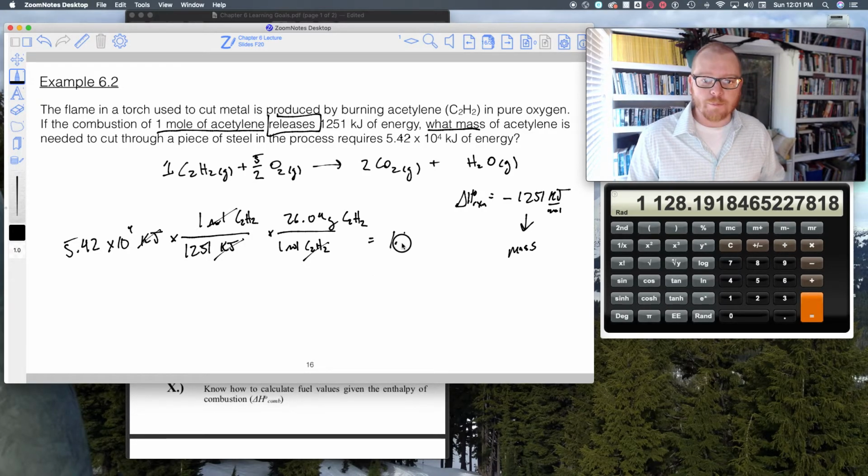That's going to be 1.13 times 10 to the 3 grams, or 1.13 kilograms, okay?